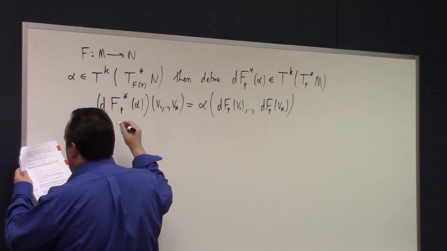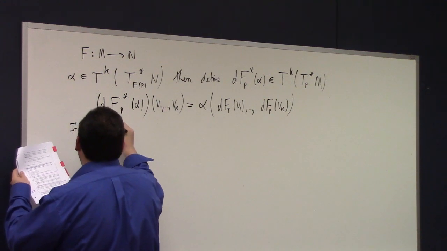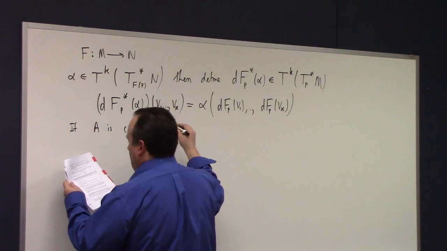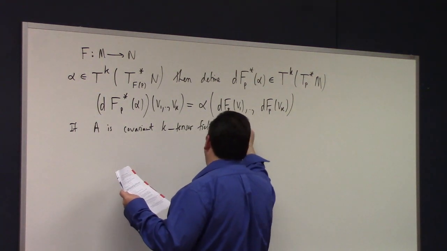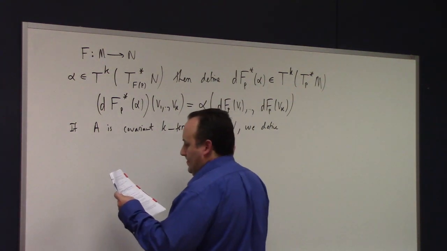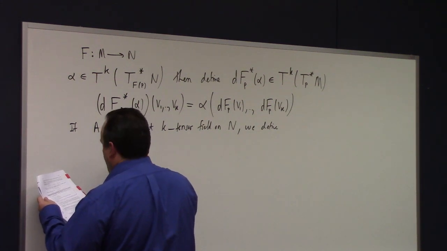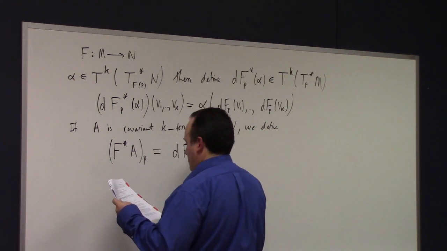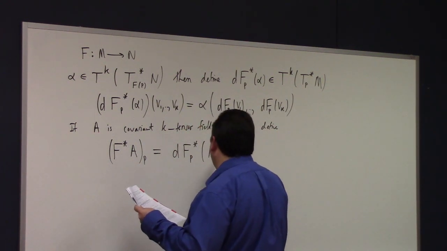So if A is a covariant k-tensor field on N, we define F star A at the point p to be dF star p, the pointwise pullback, of A at F of p.